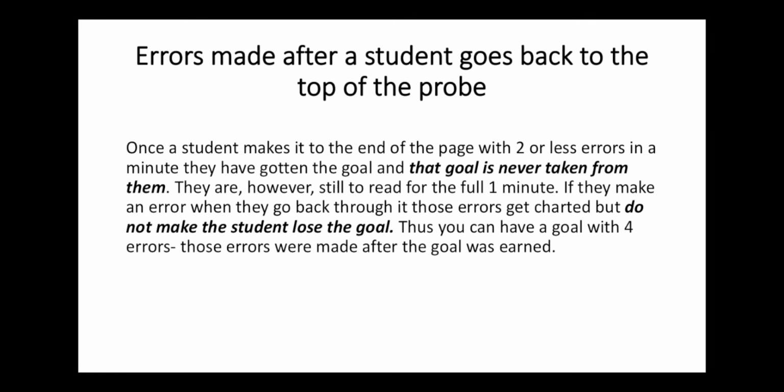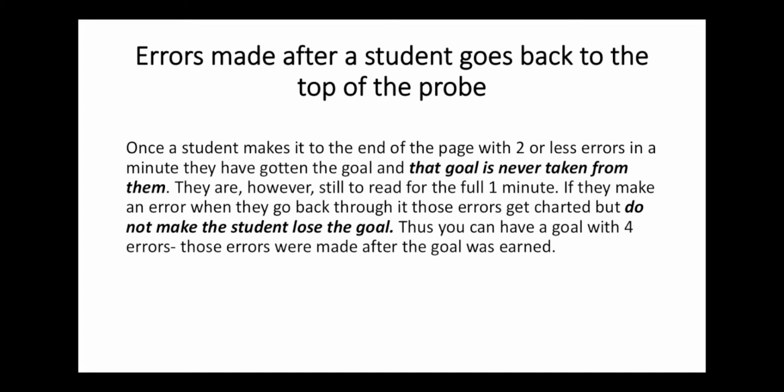Once a student makes it to the end of the page with 2 or fewer errors in that minute, they have gotten the goal, and that goal is never taken from them. They still, however, need to read for the full minute. If they make an error when they go back through it, those errors get charted, but do not make the student lose the goal.